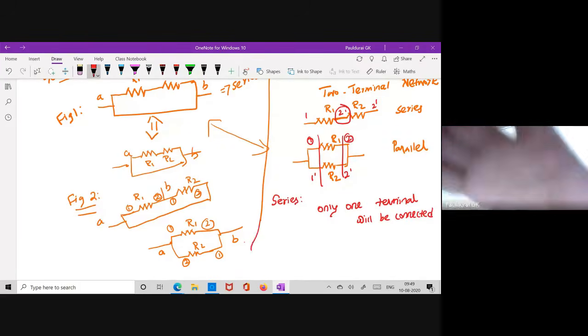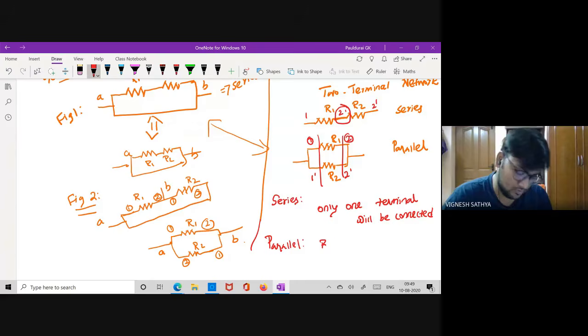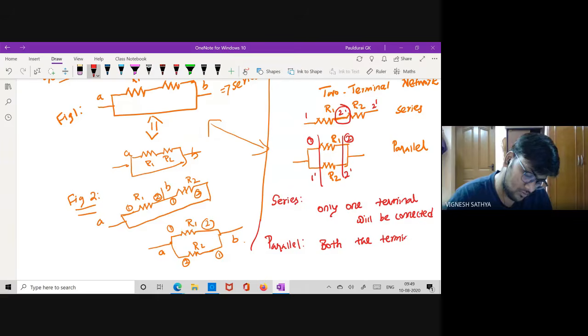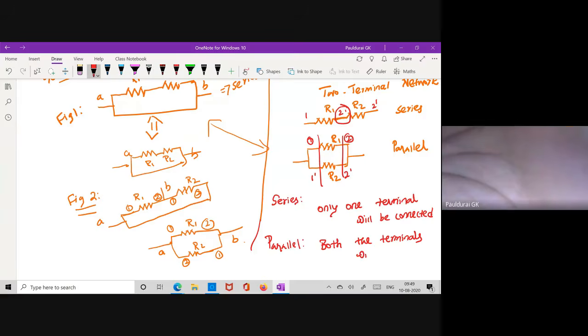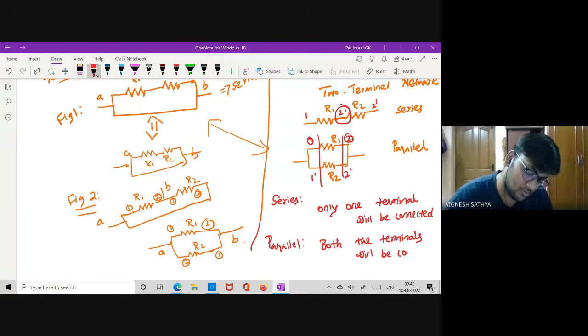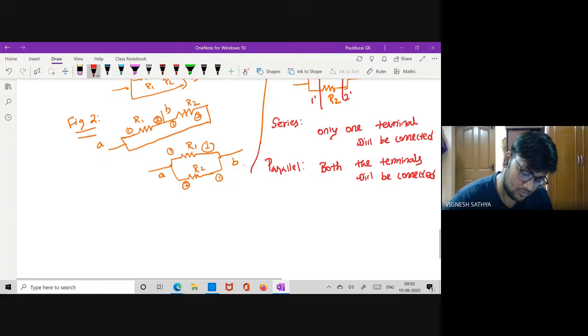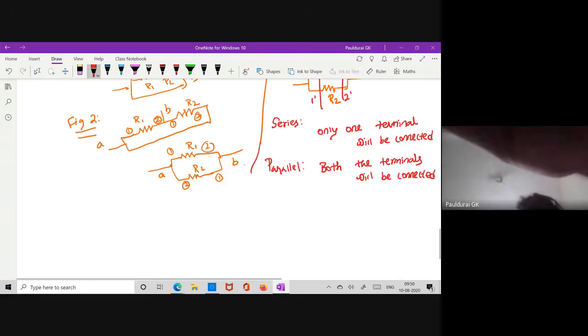But how I am deriving this rule is very important. Just to understand: in parallel, both the terminals will be connected. Guys, got the idea? This is the golden rule.